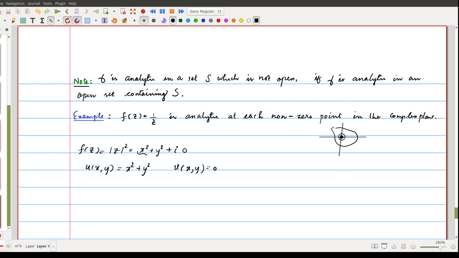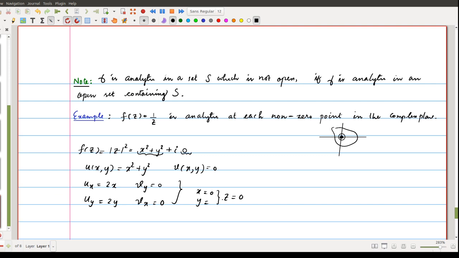Then we get ux as 2x, vy as 0, uy as 2y, and vx equal to 0. So the CR equations are satisfied if and only if x equal to 0 and y equal to 0. That means z equal to 0.